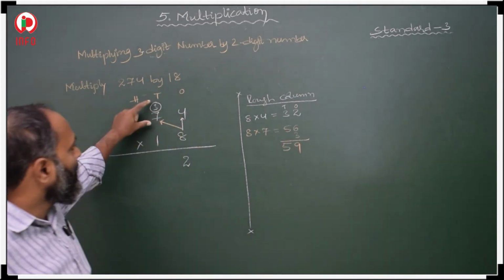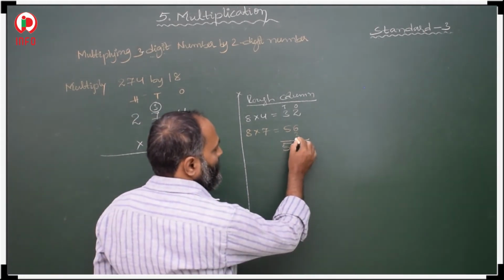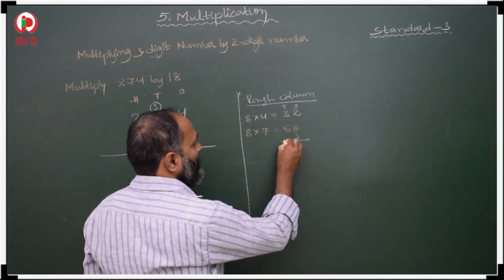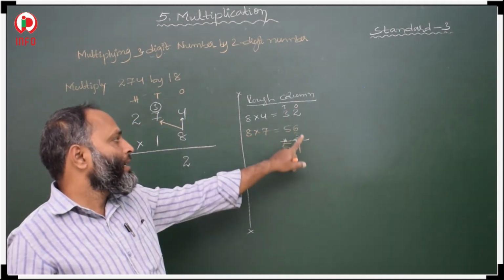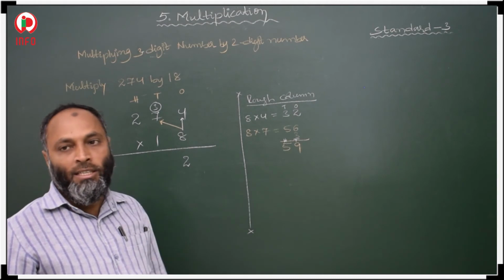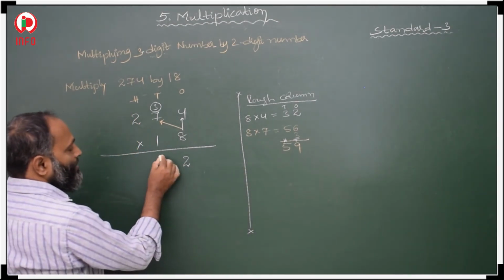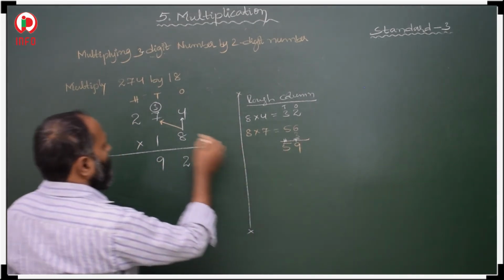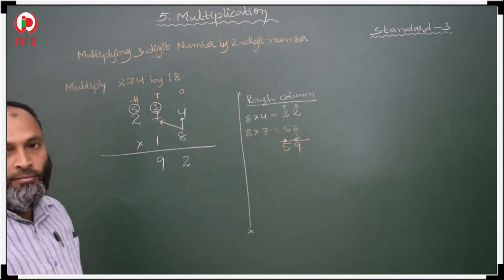So we are multiplying here tens place. So that is why the first place shows tens place. This shows hundreds place. First ones and tens. Here tens and hundreds. So this 9 we have to write in tens place. And this 5 we have to take as carry over in hundreds place.